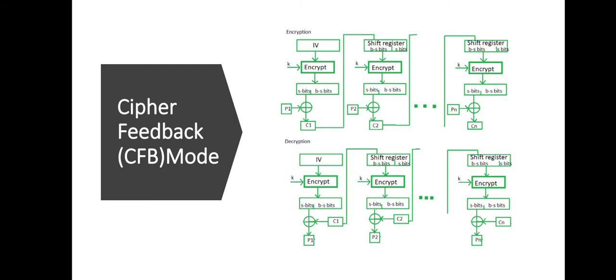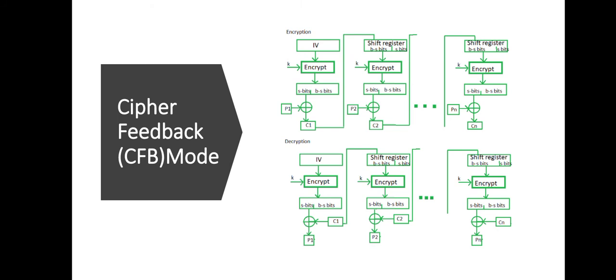Here one thing to notice, we are not taking plain text as input, we are taking the initialization vector with the key. Then we are performing encryption, then whatever output we get, we divide in S bits and B minus S bits, because total is B bits. Then we are performing XOR with the plain text, then we are getting the ciphertext.